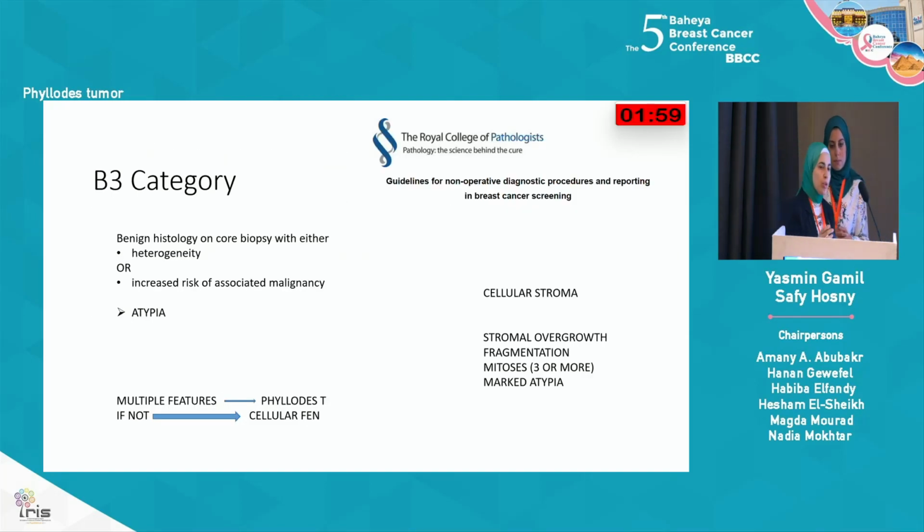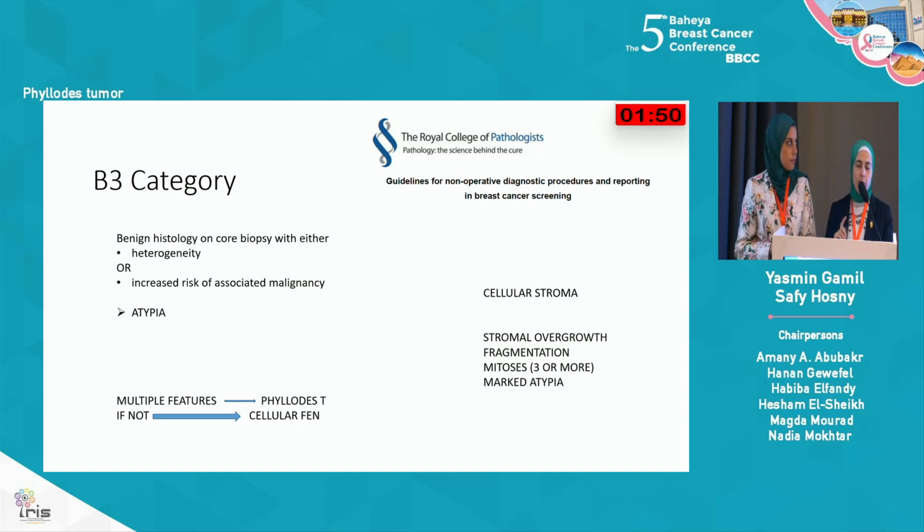According to the guidelines of the Royal College for diagnosing breast biopsies, phyllodes tumor is under the category of B3, which includes all benign histology on core biopsy that carries either heterogeneity or increased risk of associated malignancy. So in these situations, atypia should be reported adequately, whether it is present or absent.